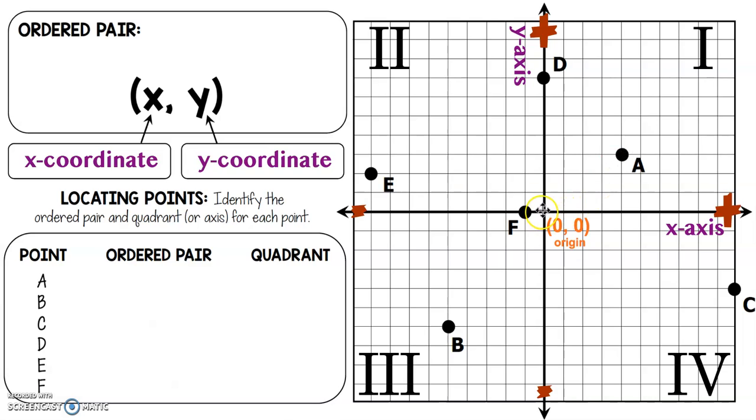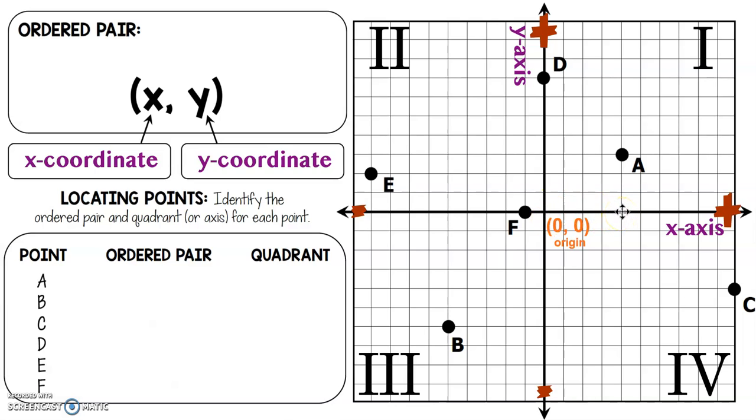So if I'm going to look for the coordinates of A, I need to find its ordered pair. So I'm going to start from the origin and count to point A. I know I need my x coordinate, and that's going to come from my x-axis value. So if I count on the x-axis to point A, I'm going to count 1, 2, 3, 4, and now I'm lined up with A. So I counted 4 spaces from the origin.